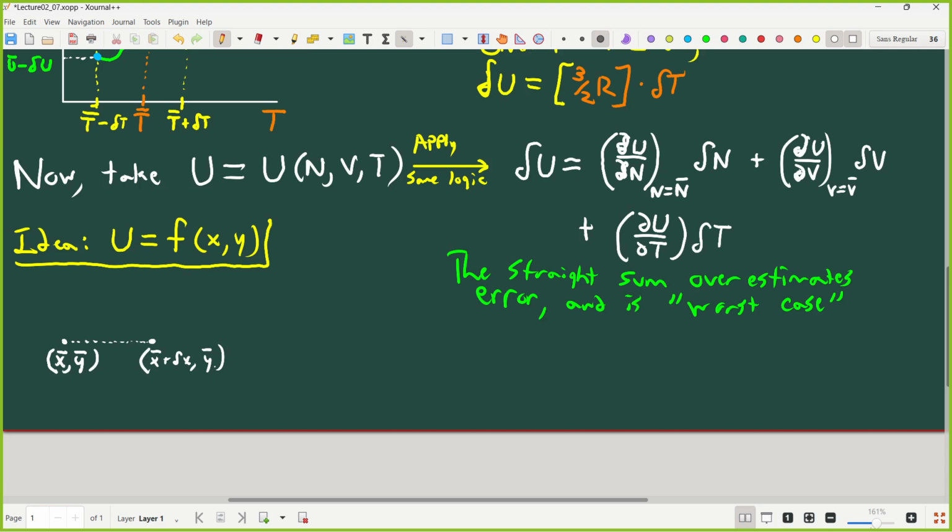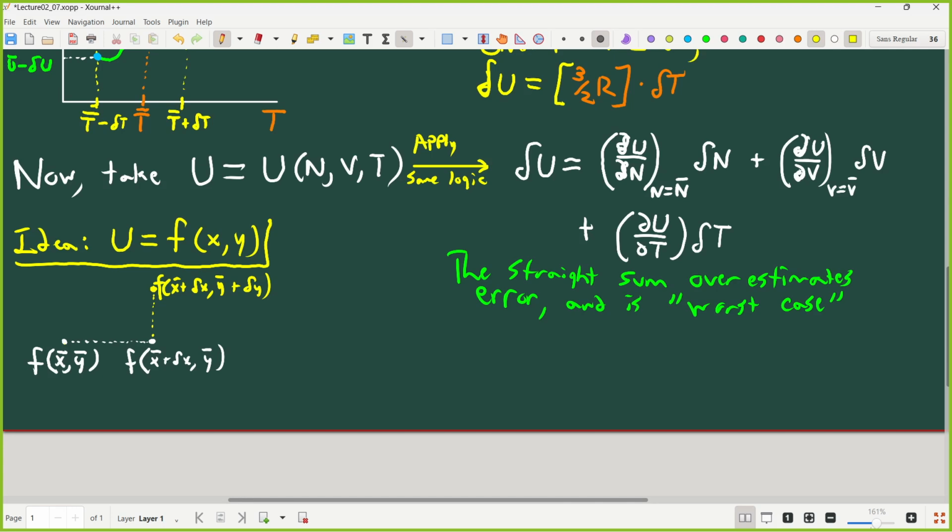Then I'm going to do the same thing for y in the opposite direction. This point right here is x bar plus delta x, and y bar plus delta y. So if this is f of x, y, and this is f of x plus dx, and f of y, and this one up here is f evaluated at the bounds.